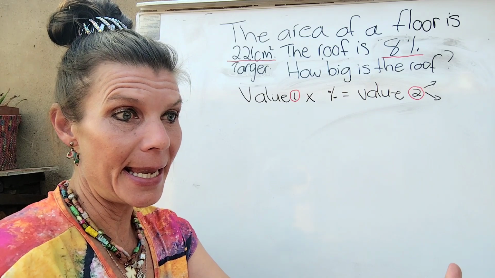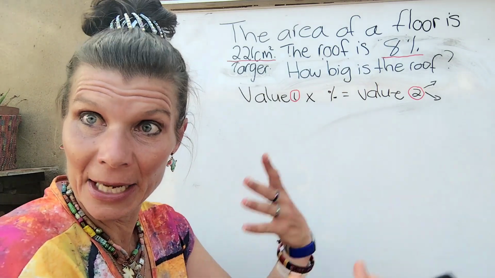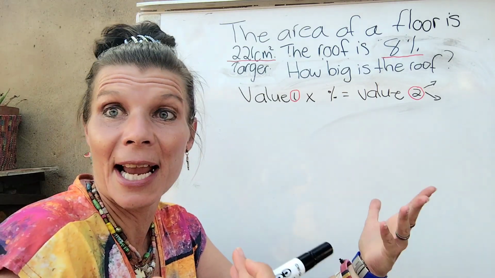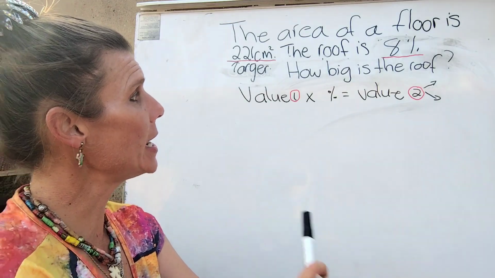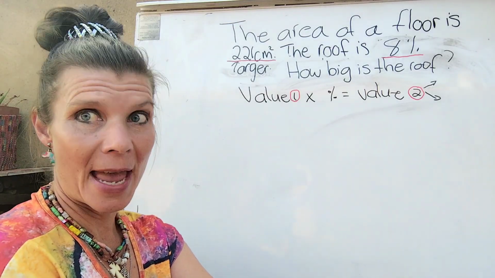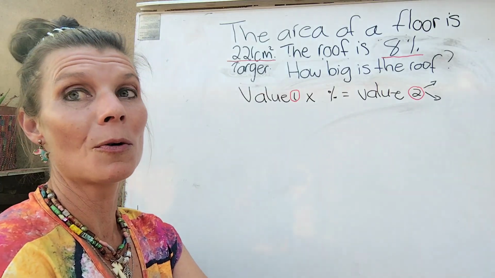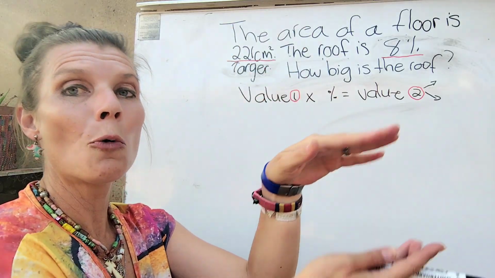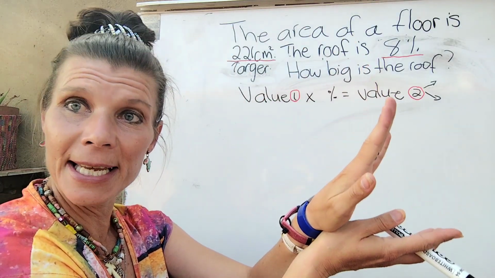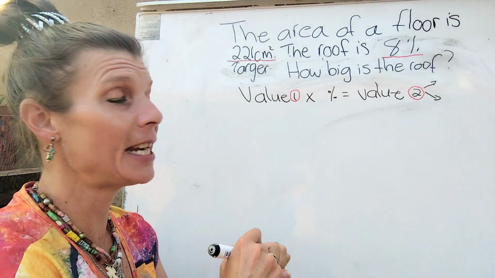Now let's see if we have to calculate it otherwise, if it comes down to the same answer. My formula. The value of 1 times the percentage equals the value of 2, whether it increase or decrease. Now I just fill it in.